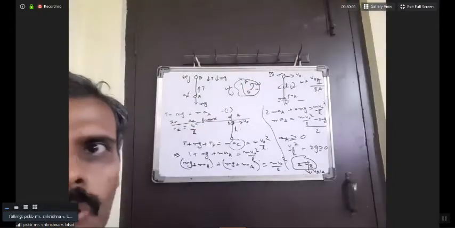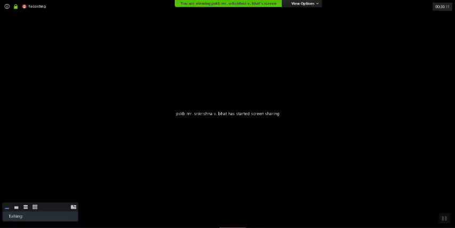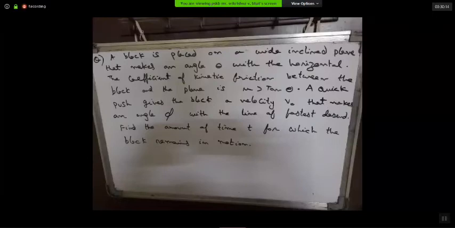Okay, so here we have the next question. A block is placed on a wide inclined plane, which makes an angle theta with the horizontal. The coefficient of kinetic friction is mu, and it is given that mu is greater than tan theta.